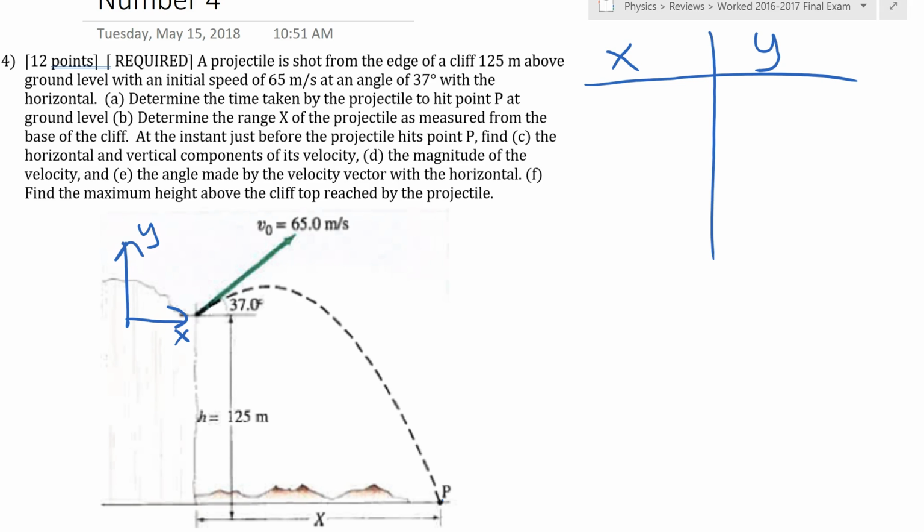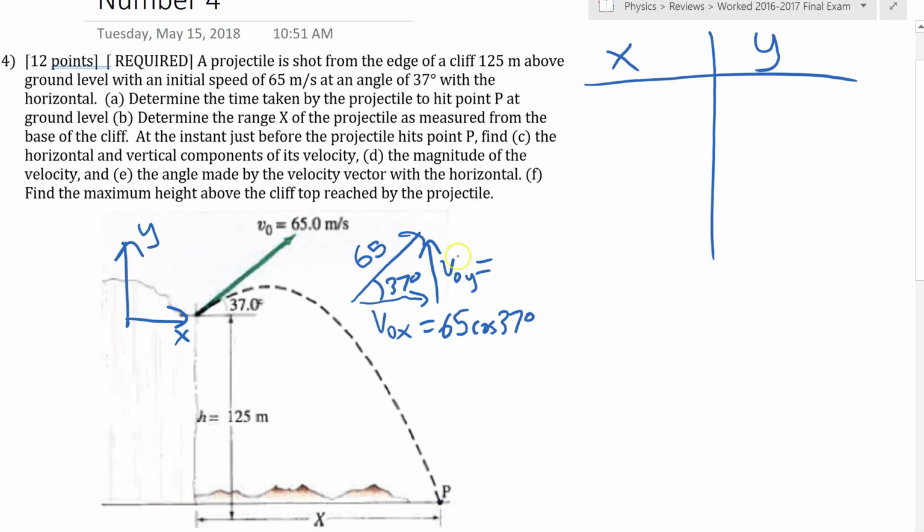So in the x direction, before you do anything in the columns, it will help to split the initial velocity into x and y components. So this is the initial velocity in the x direction, this is the initial velocity in the y direction. This is going to be 65 cosine 37. The initial velocity in the y direction will be 65 sine 37.